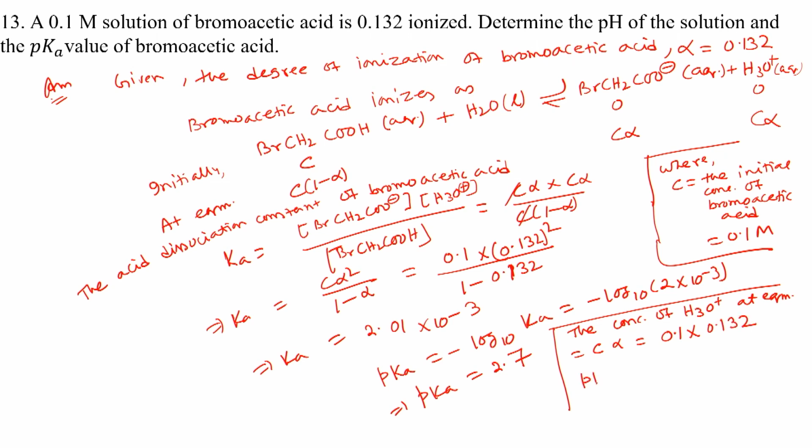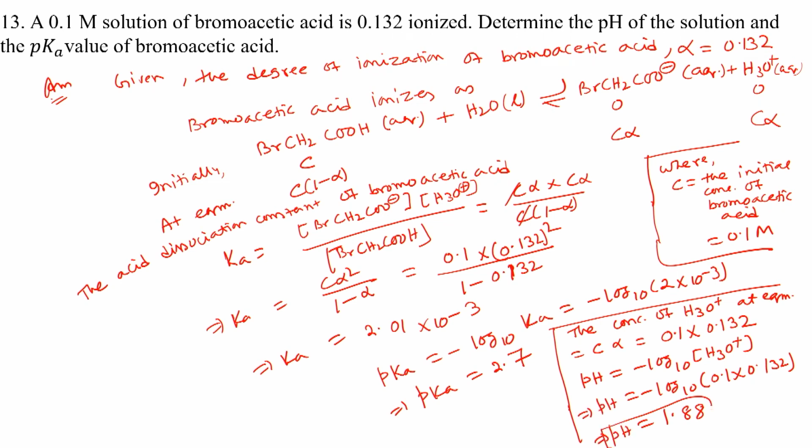So the pH is minus log base 10 of the concentration of H3O plus, so minus log base 10 of 0.1 times 0.132. So we get the pH of 1.88. So the pH of the solution is 1.88 and the pKa of bromoacetic acid is 2.7.